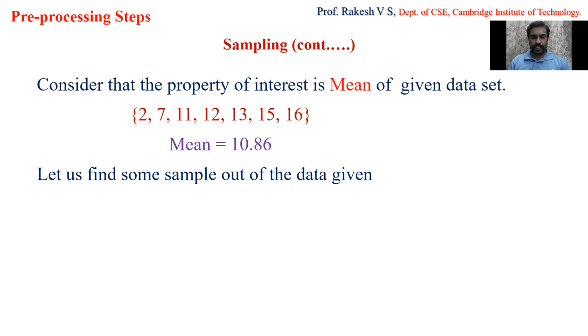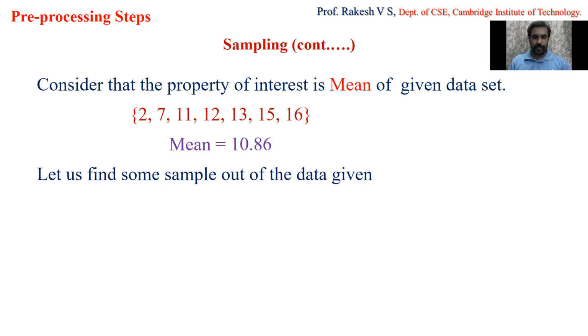The mean of the given data set is 10.86. Now, our aim is to find a sample out of the given data set such that the sample is representative. In this case, representative means the mean of the samples that we have found must be either equal to or closer to the actual mean given.